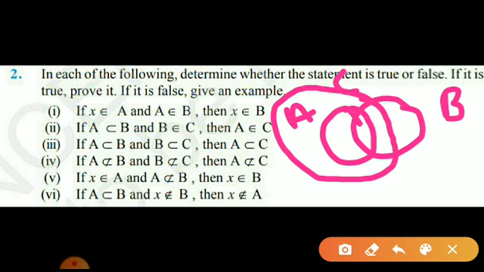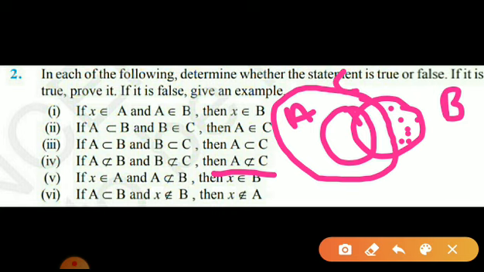No. B is not a subset because some elements are there outside C. So B is not a subset of C. But is A completely contained in C? Yes. That means in this case A is a subset of C, and hence this given statement will be false. So whenever such questions are there, you have to first imagine it, and only then can we come to the conclusion. So here A is not a subset of C.